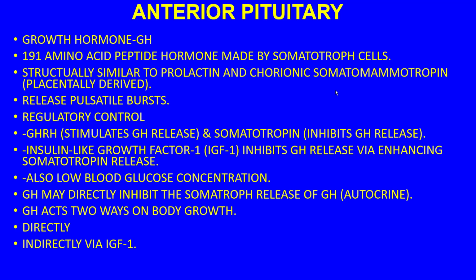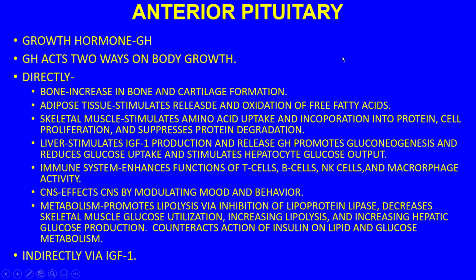GH acts two ways on body growth, directly and indirectly. So let's start off with directly. It will act on bone to increase bone and cartilage formation. It will act on adipose tissue and stimulate release and oxidation of free fatty acids.